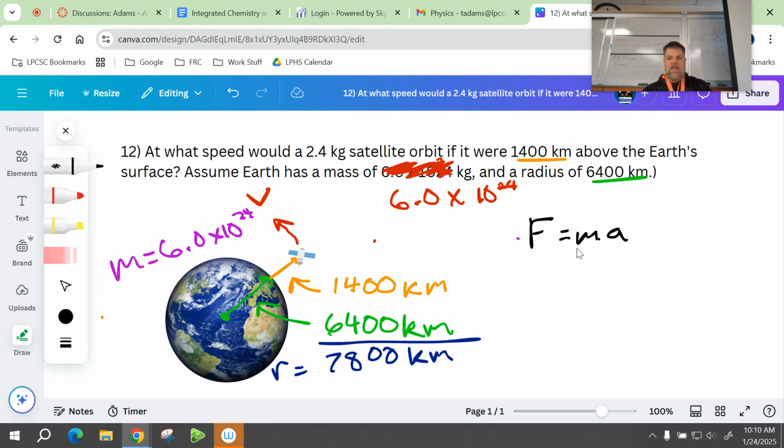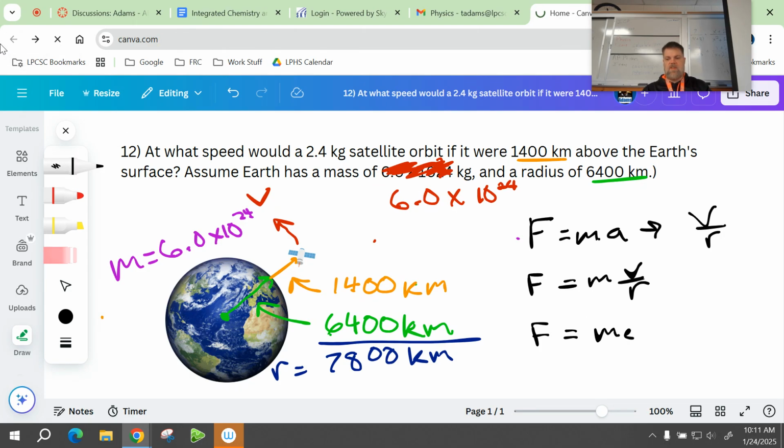And then centripetal acceleration can be associated with the velocity squared over r, right? In other words, force is equal to the mass times the velocity squared over r. But also, gravitational force can be equal to the mass of the capital letter G, which is the gravitational constant.